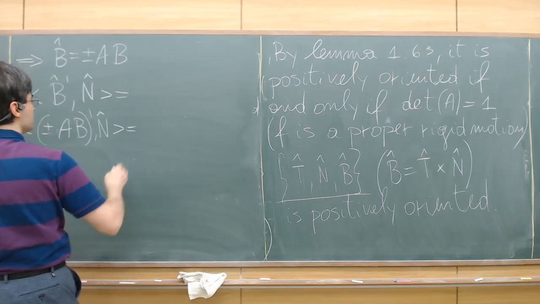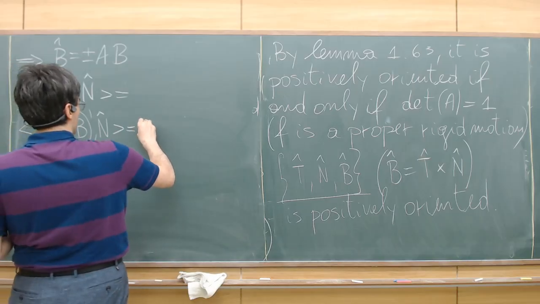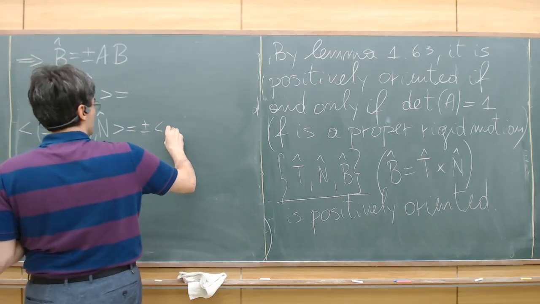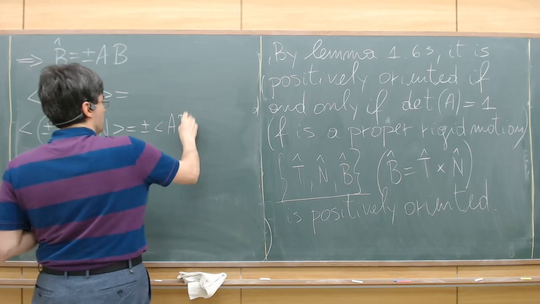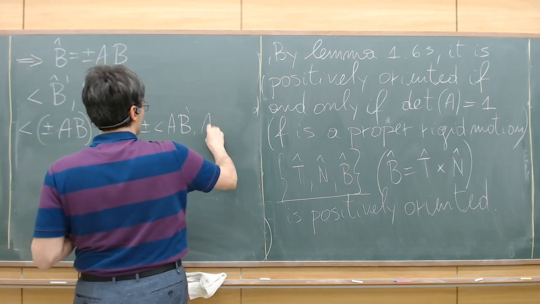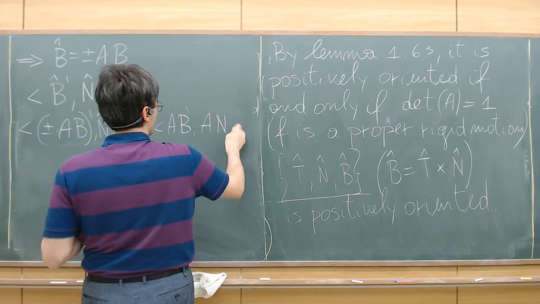So this is plus or minus A B prime multiplied by A n.